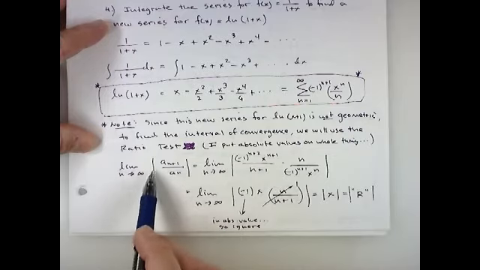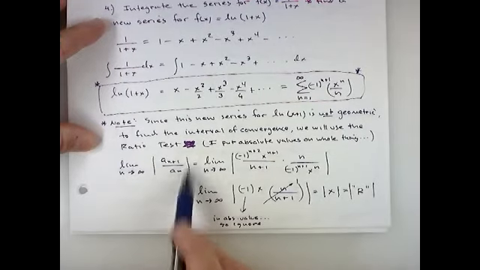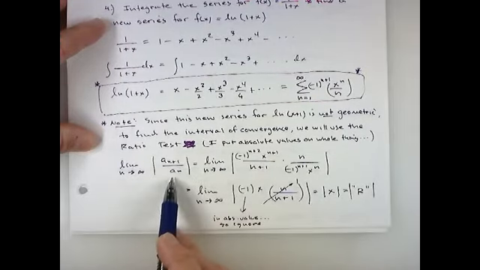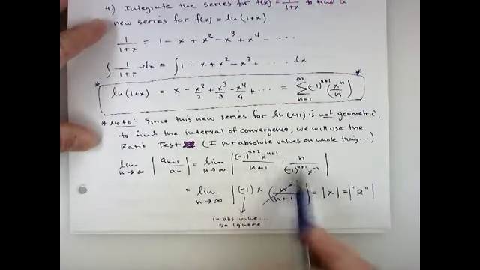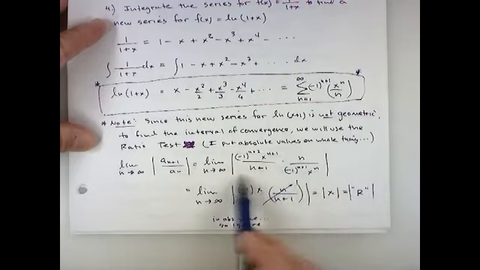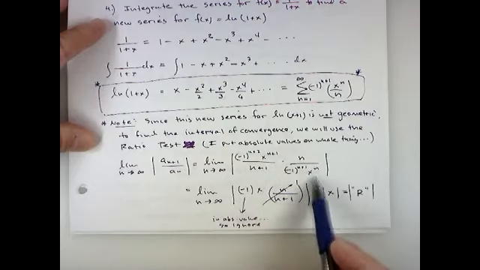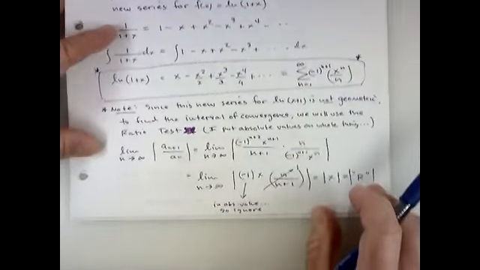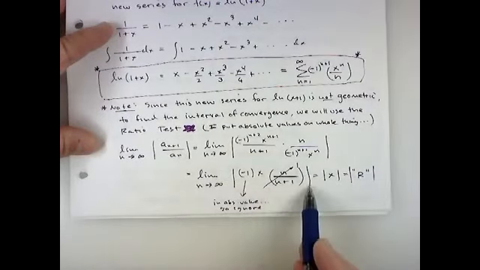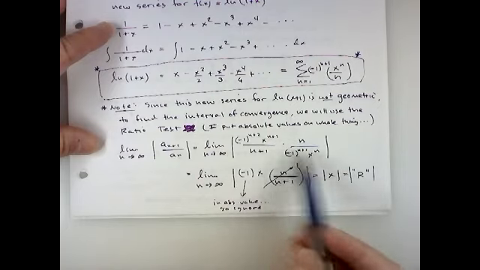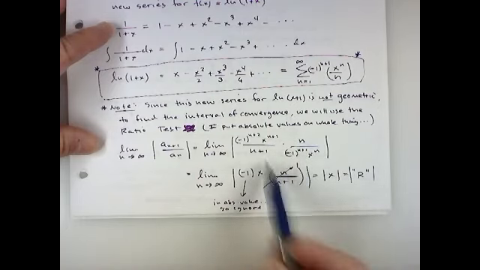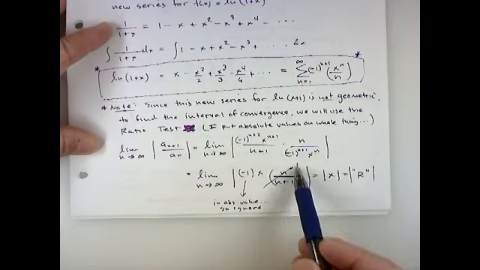We're going to check for absolute convergence as well, so we'll do the limit of the absolute value of a sub n plus 1 over a sub n. Raise everybody to the n plus 1. We're really dividing by that or multiplying by the reciprocal. We're doing absolute convergence, so the negative ones don't really matter. We can just ignore that. I'm going to have x left over, and if I group the n over n plus 1, that goes to 1.